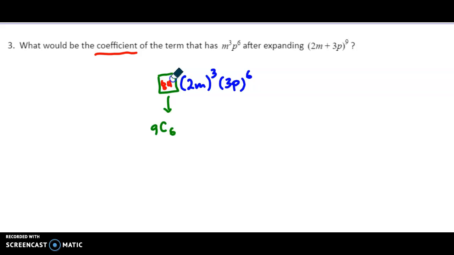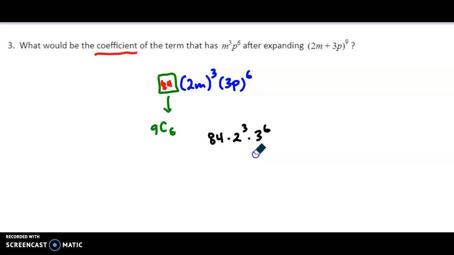So the thing is, it's not just 84, right? That's the coefficient from Pascal's triangle. You got to take into account working 2 to the third out and 3 to the sixth. And so in actuality, this is going to be 84 times 2 to the third times 3 to the sixth.